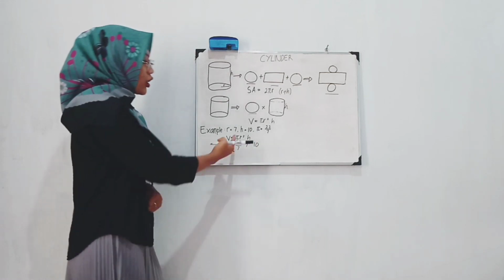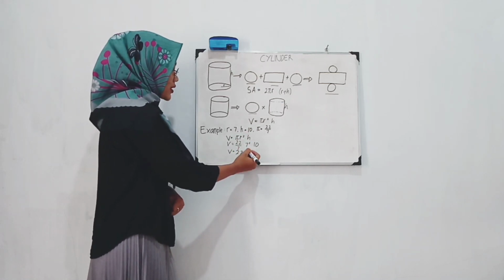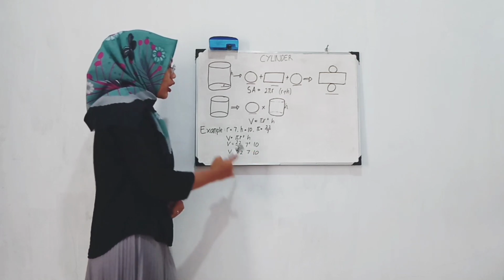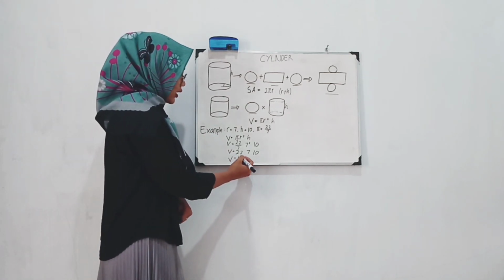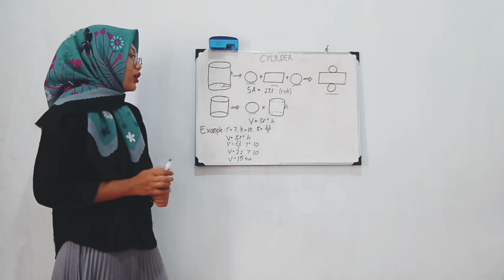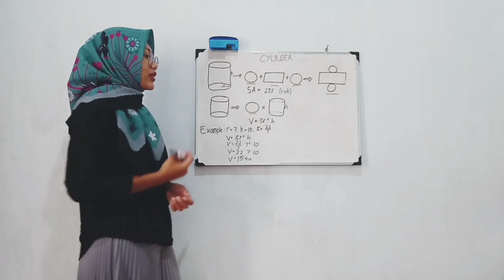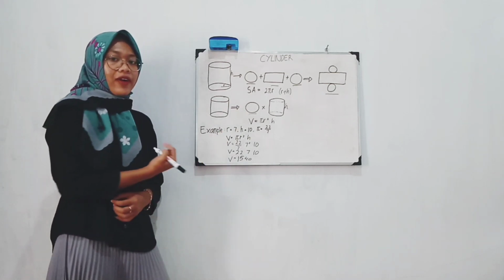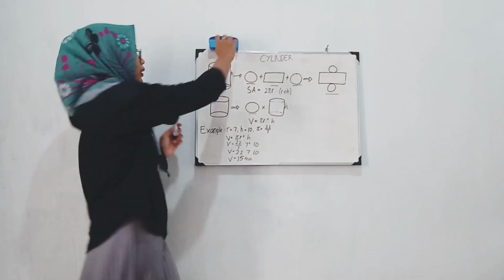Volume equals 22/7 times 7 square is 22 times 7 times 10, which equals 1540. So, the volume of a cylinder with radius equals 7, height equals 10, and π equals 22/7 is 1540. Then, the combined volume of two cylinders.